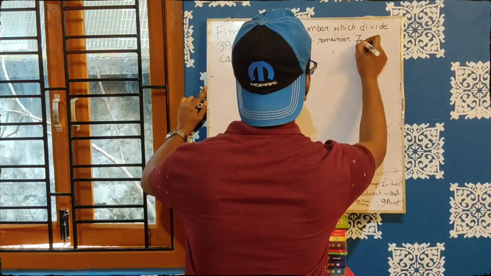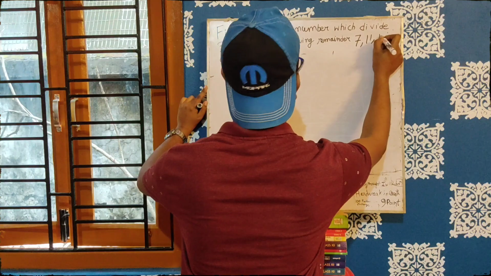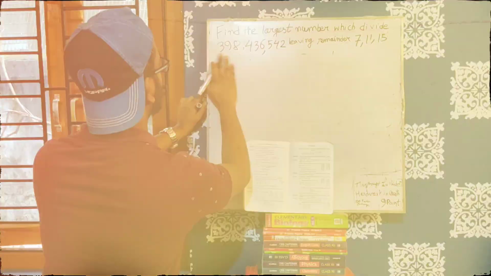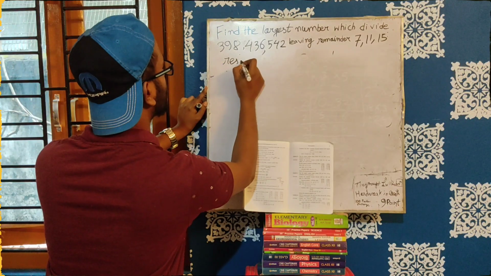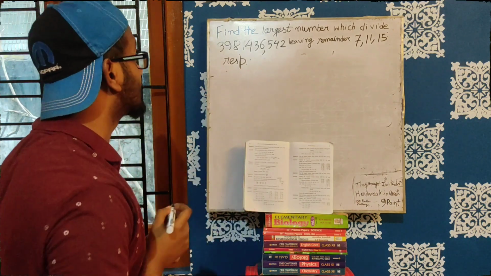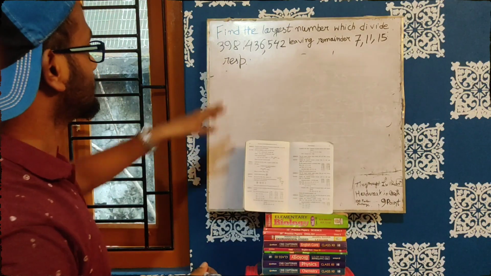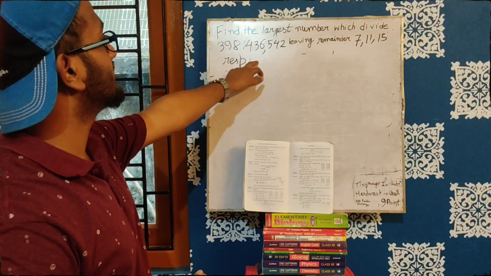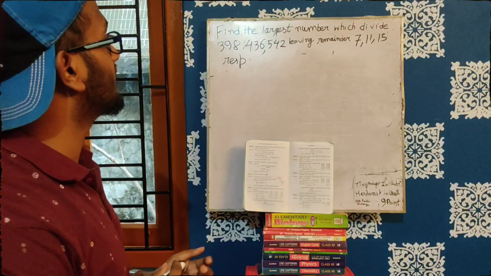So what they have said: find the largest number which divides 398, 436 and 542, leaving remainder 7, 11, 15 in each case.